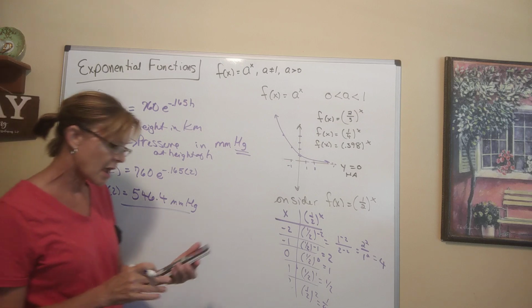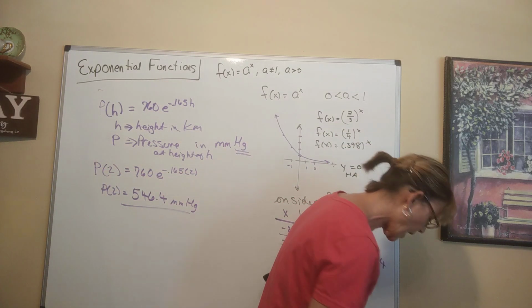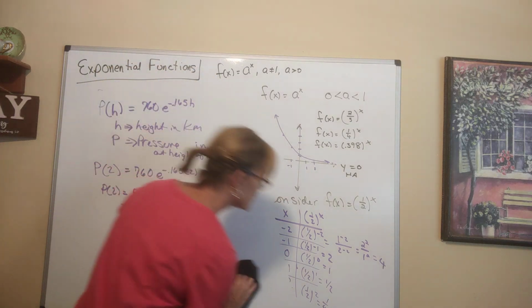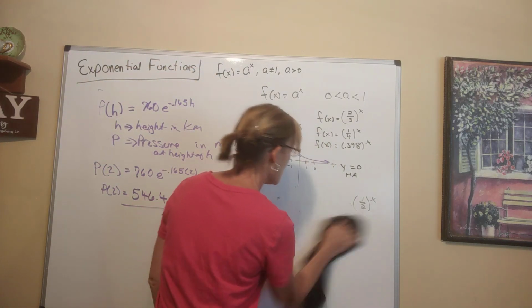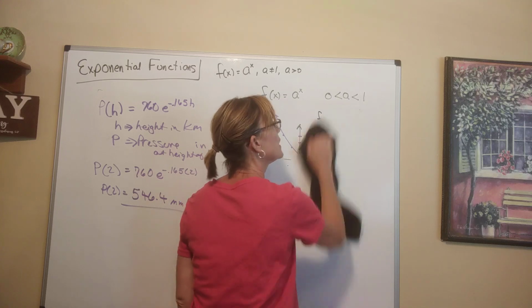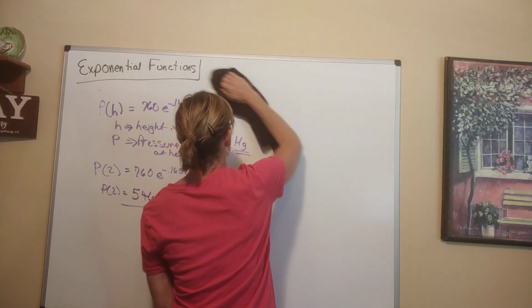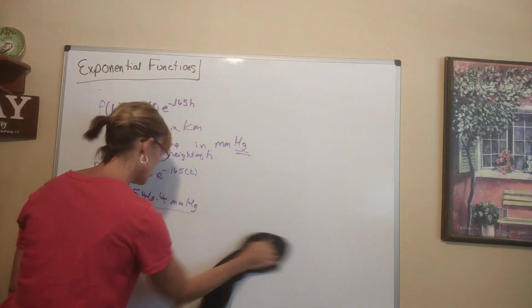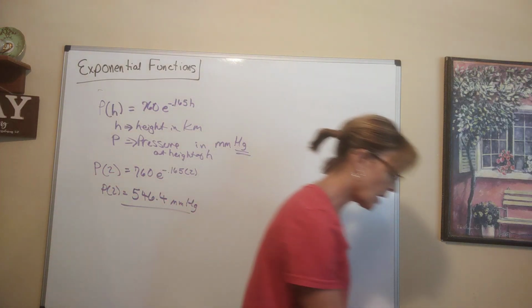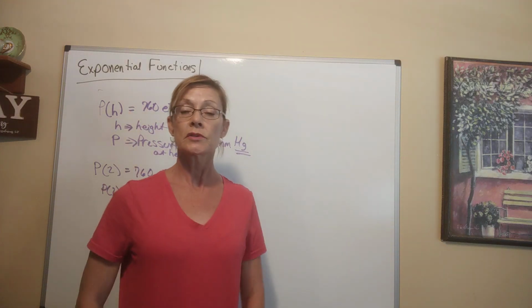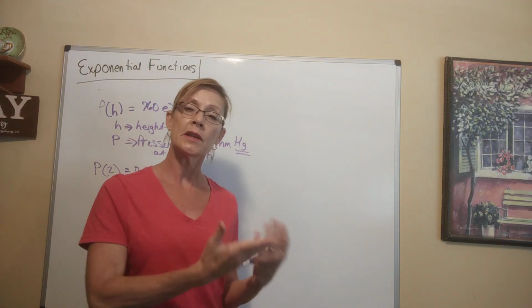All right, now lastly on your sheet, we have the compound interest equation. So let's look at that, compound interest. Compounding interest is where you earn money on your money, or where you pay money on the money that you borrowed, basically. So let's just say I borrowed $1,000 from the bank to buy something. They will charge me a certain interest rate, and so I have to pay interest on the money that I borrowed.